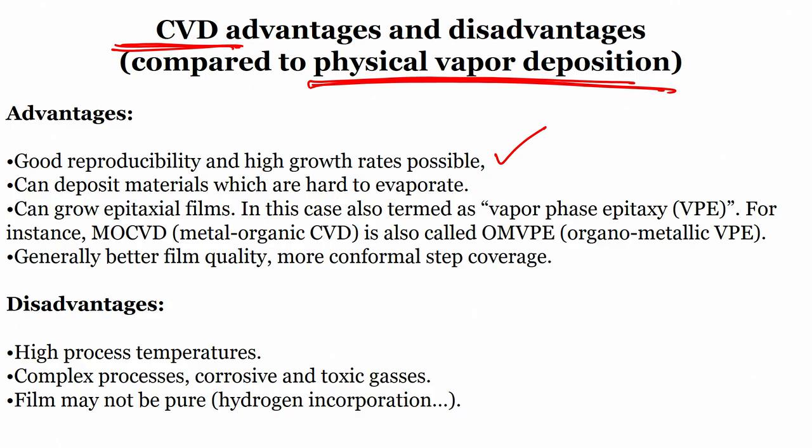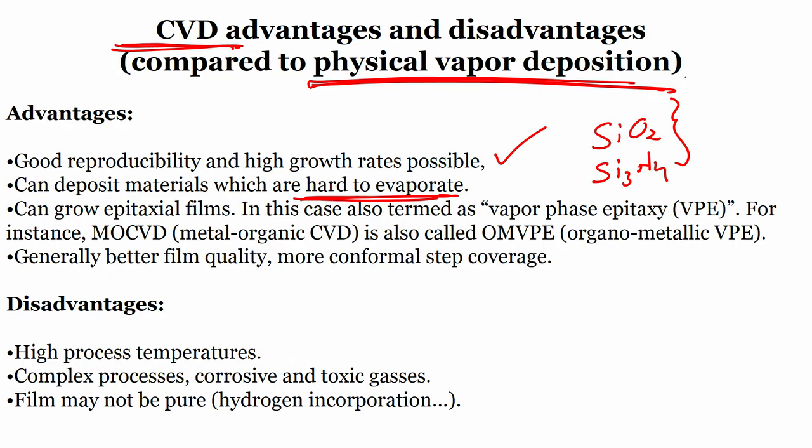We can reproduce a film much more accurately and with a higher growth rate compared to PVD. Second, it can deposit materials which are hard to evaporate. That is why we are depositing silicon dioxide, SiO2, and silicon nitride, Si3N4. These are materials very hard to deposit via evaporation, alright.